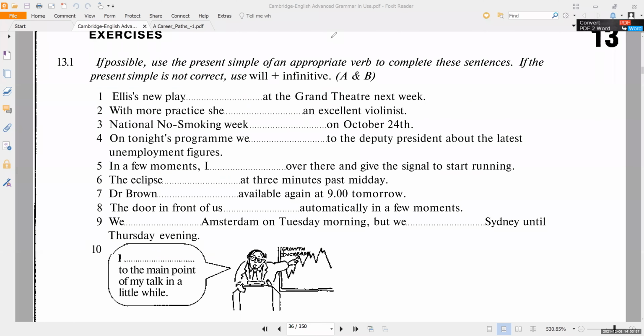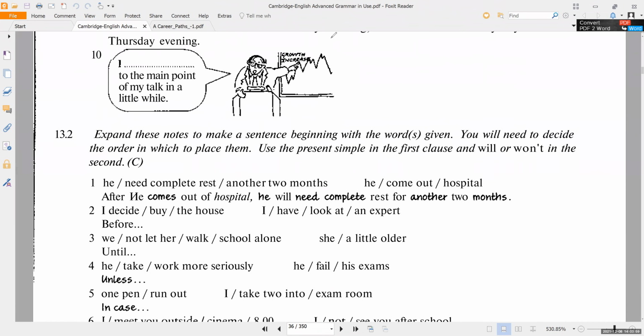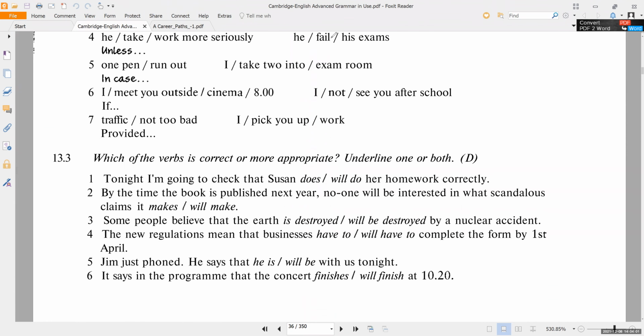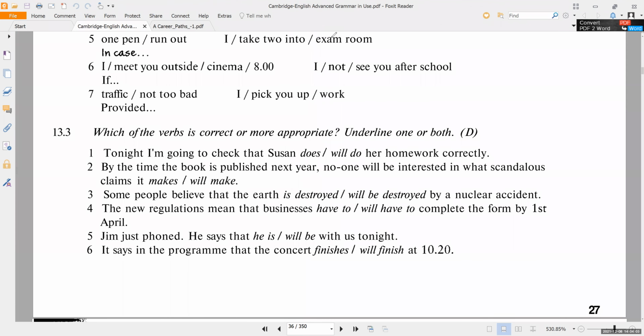Okay, we move on to 13.3, the last question. We choose the correct answer, or the most correct or best one. Number 1: "Tonight I'm going to check that Susan does or will do her homework correctly."